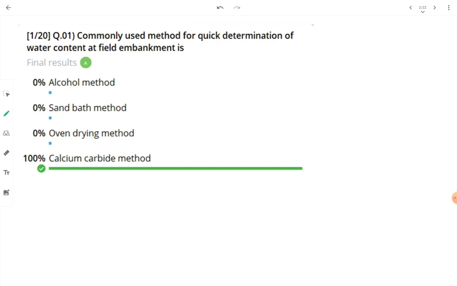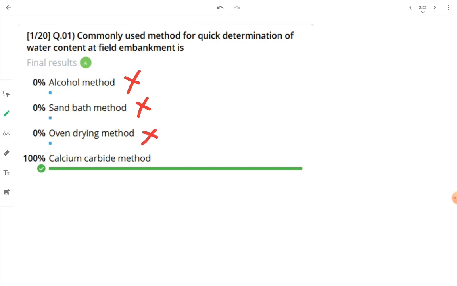Then there is sand bath method. Sand bath method is a field method, but it has a problem of accuracy. It is less accurate. That's why amongst the given options it is not fitting for the question. Oven drying method is not a field method. It is purely a lab method. That's why it cannot be the answer.